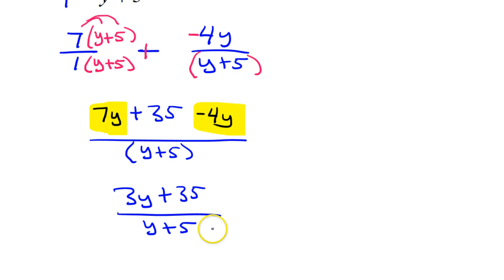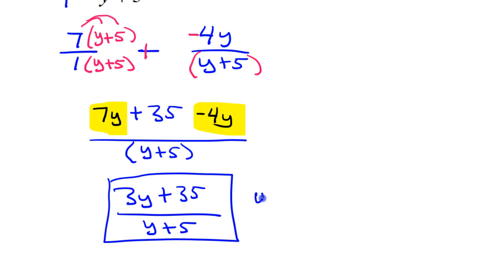There's nothing I can cancel out. Notice I cannot divide the 5 into the 35 and make 7, or I can't cancel out the y's. I can't cancel anything that's connected by addition or subtraction. So this is my final answer, and my restriction is that y cannot equal negative 5, because of this denominator.